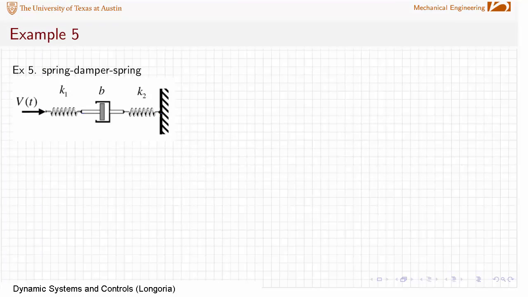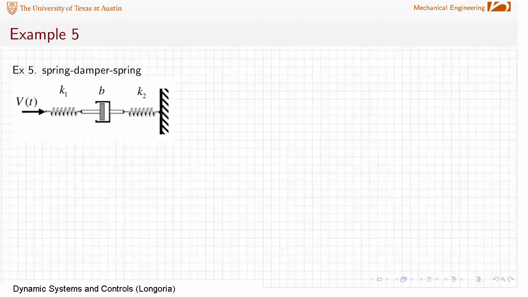Now I've included another example here with just two springs and a damper, and this is an example that's going to help us illustrate what happens when you need to determine whether all of the states of energy storing elements are independent or not, and that means whether they're actually a state of the system.